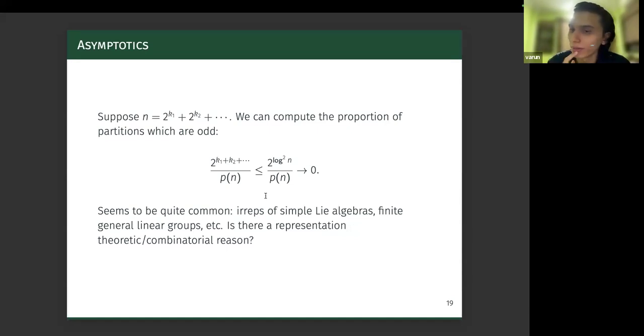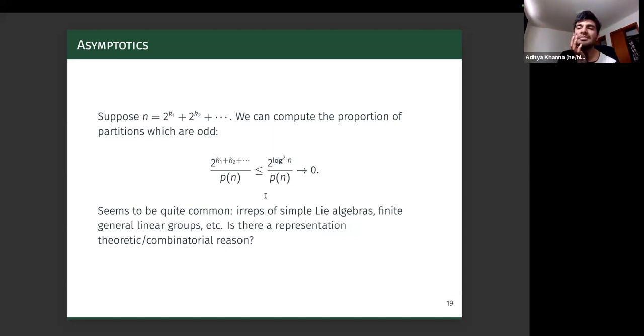Do you know of any places where that has been done before? No, I have no idea. This is the first time I've thought about it. I was just wondering if something's known. Right. I know of two or three references, but they're all for symmetric groups also.